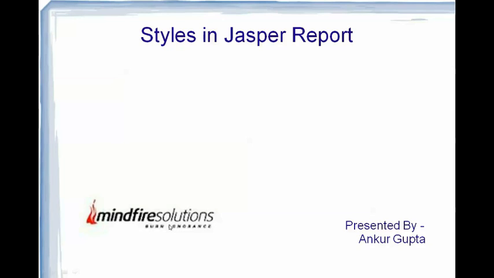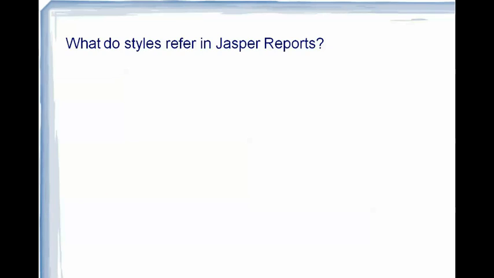In this video, I will be talking about how to implement styles in Jasper Report, as well as what utility styles carry in Jasper Reports. Basically, styles are more or less like CSS in HTML, which we already know, the building blocks of a website, which is the designing and the styling.